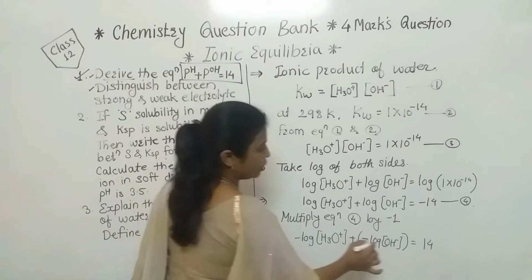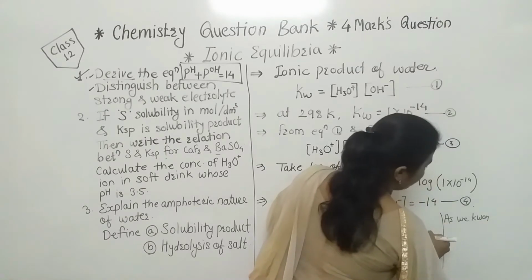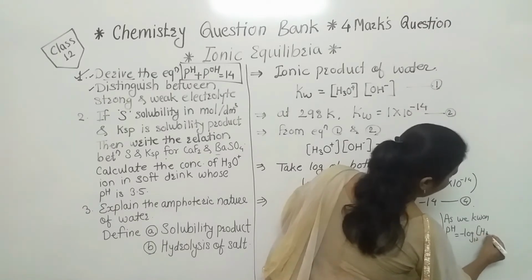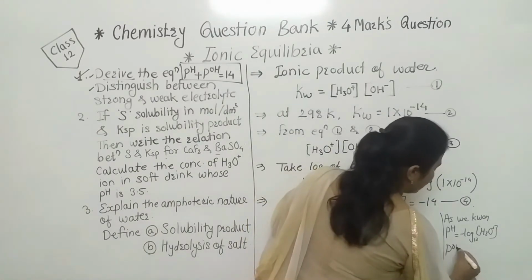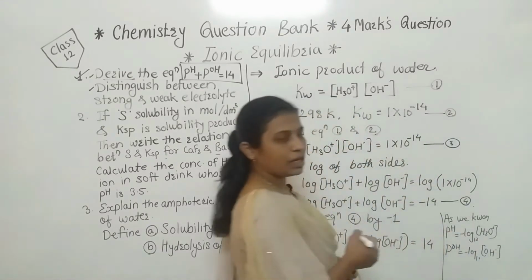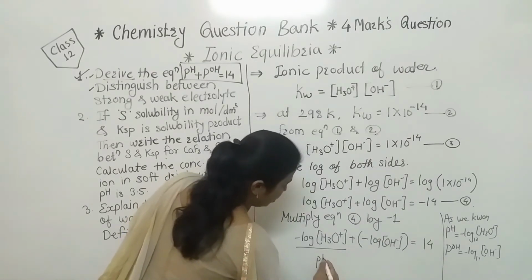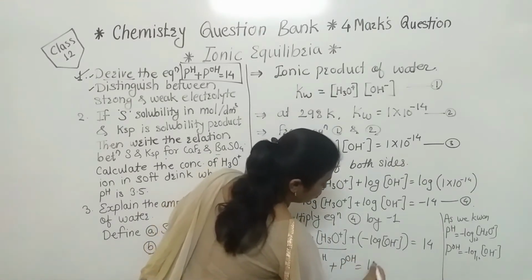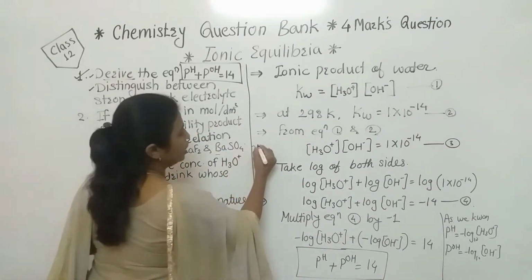And from that one, as we know, what is the formula of pH? pH is equal to minus log to the base 10 of hydrogen ion concentration, that is nothing but the H3O plus, and pOH is equal to minus log to the base 10 of concentration of OH minus ion. And from these two equations we can write here, first part is of the pH, plus sign will be as it is, next part is of the pOH and is equal to 14. So finally we have derived this equation, which one was for the 2 marks.